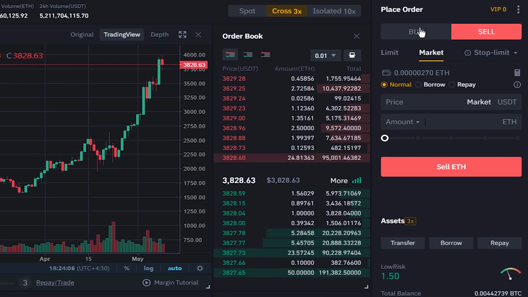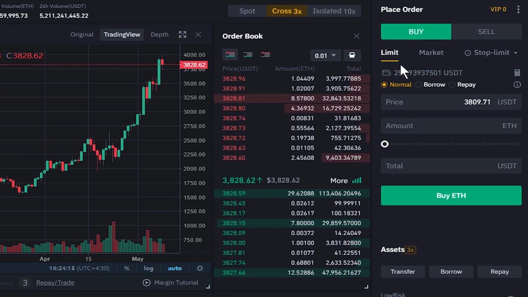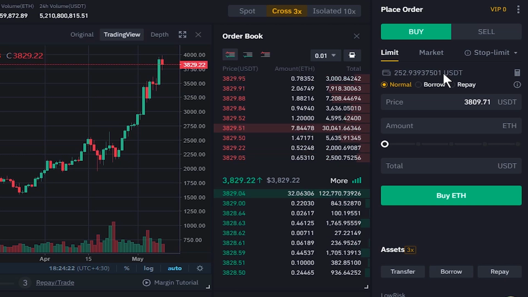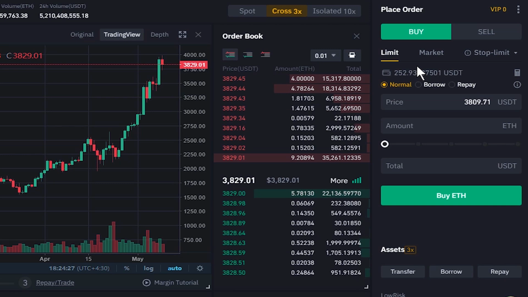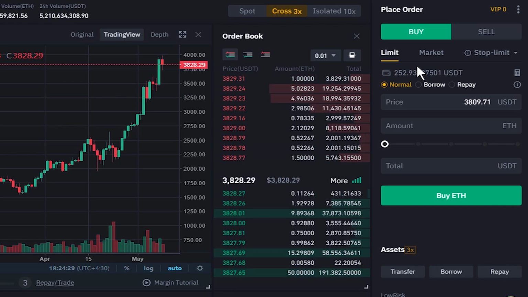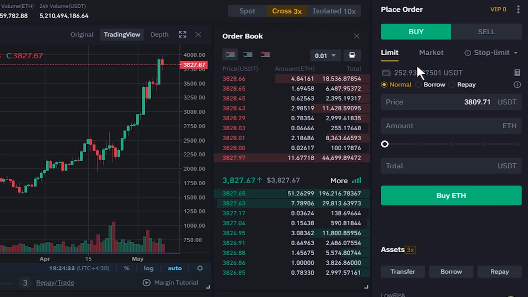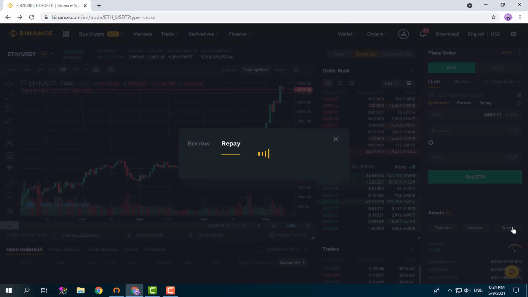And now if you go to the buy tab, you see that we have USDT available for trading because we sold our BTC and ETH. But this also includes borrowed money, and every hour interest is added to our total debt. So we must repay our debt if we don't want to enter another trade. We click on repay.